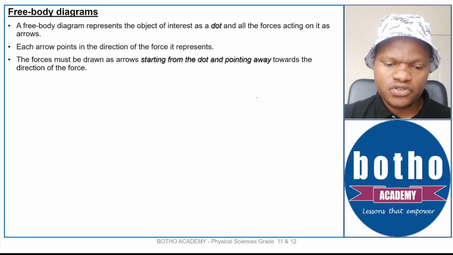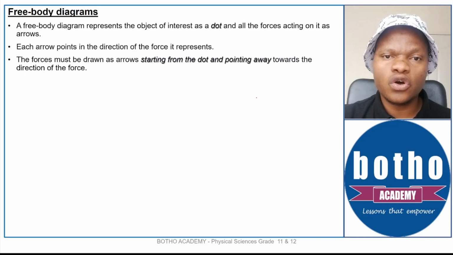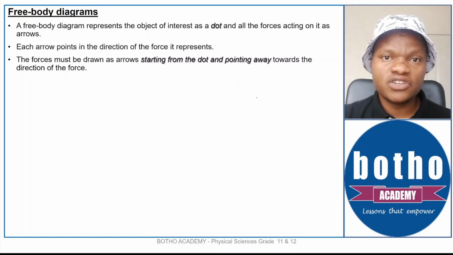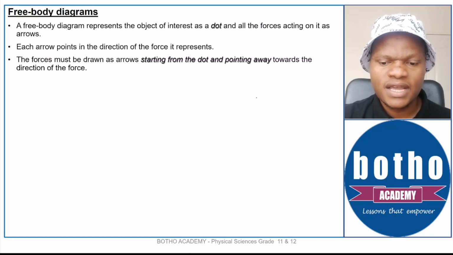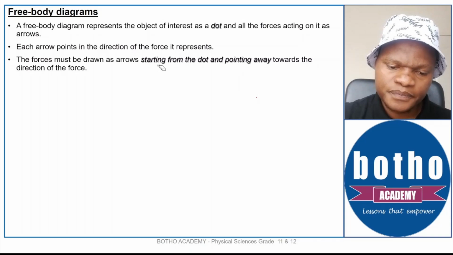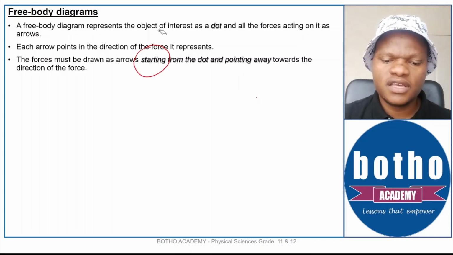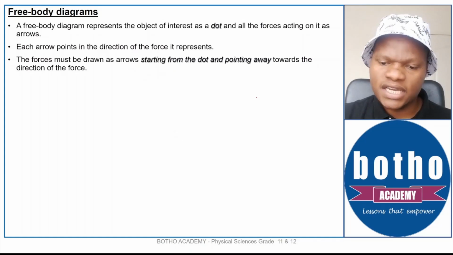The forces must be drawn as arrows starting from the dot and pointing away towards the direction of the force. So you draw the dot first, then you start drawing the various forces using arrows pointing in the direction of the force. If the force is upwards, you draw an arrow pointing upwards. If the force is to the right, you draw an arrow pointing to the right. But very important, the arrow has to start on the dot, and it must point away from the dot in the direction of the force.